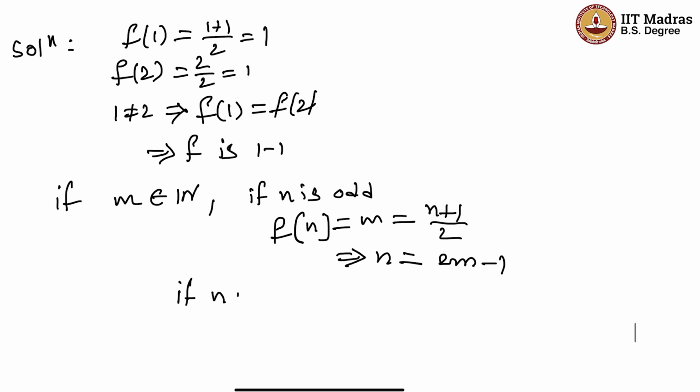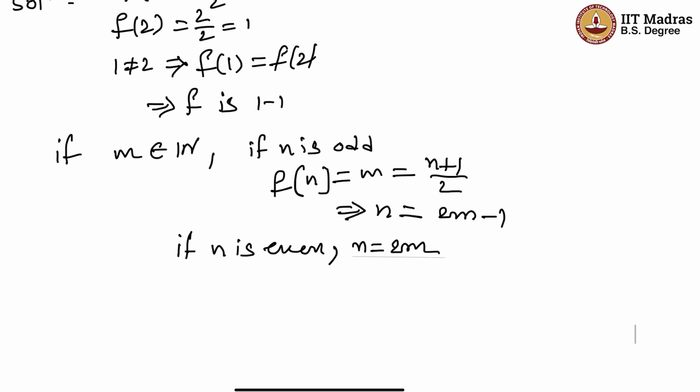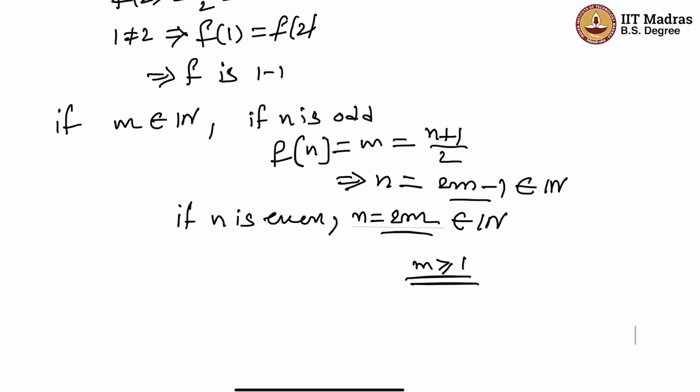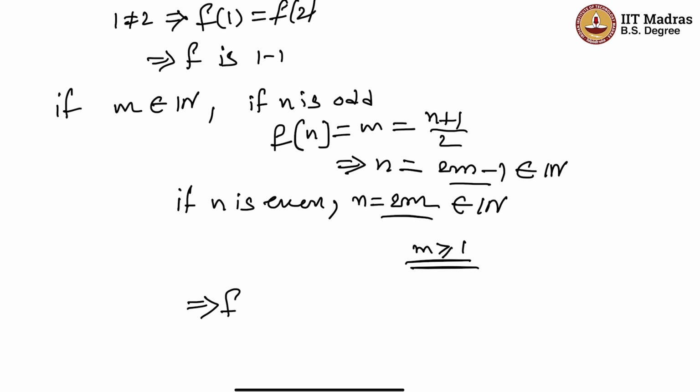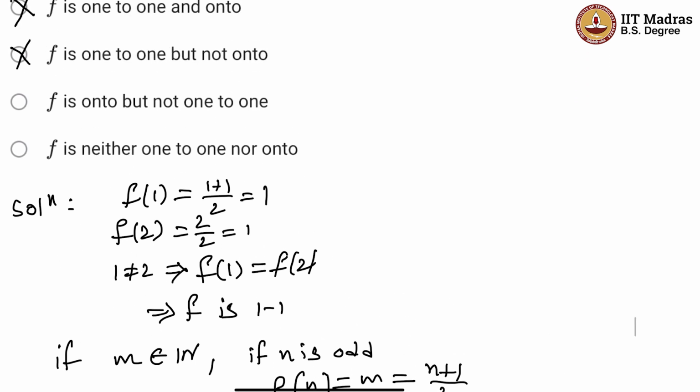If n is even, then we will get m equals 2n, right? So in both cases, both the terms are valid. Both will be in the set of all natural numbers, right? Because n is greater than or equal to 1 here, so it will again be greater than or equal to 1. So we can imply that f is onto. Hence, f is not one-one, but f is onto. That means option 3 is correct. f is onto but not one-one.